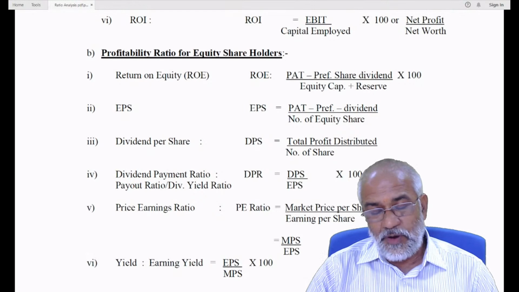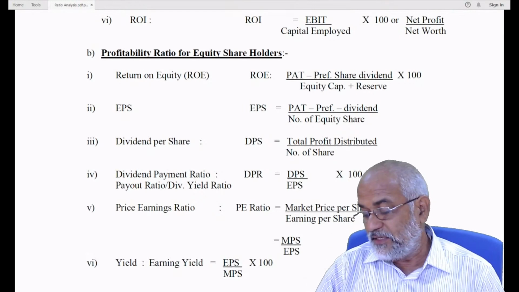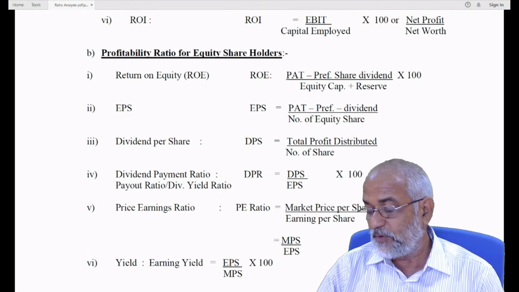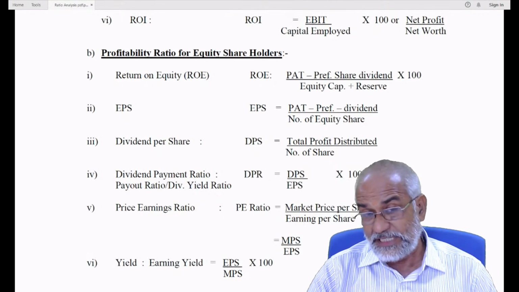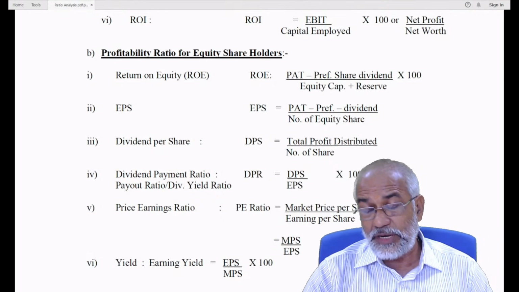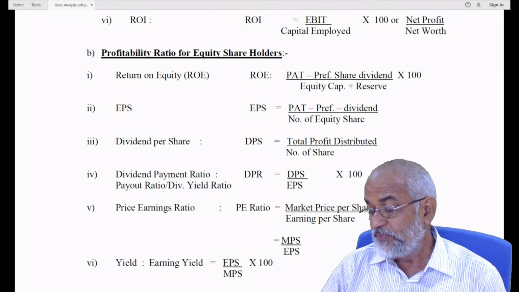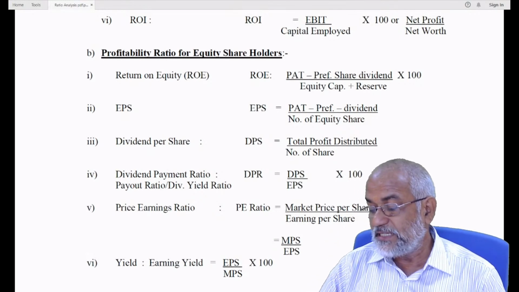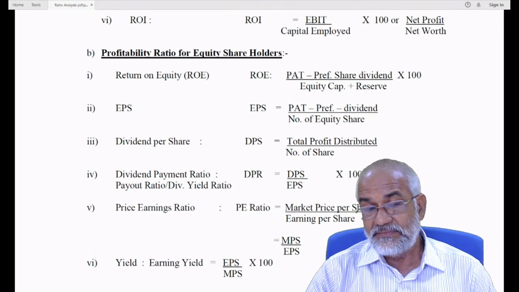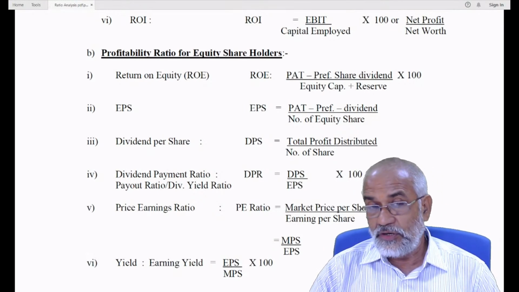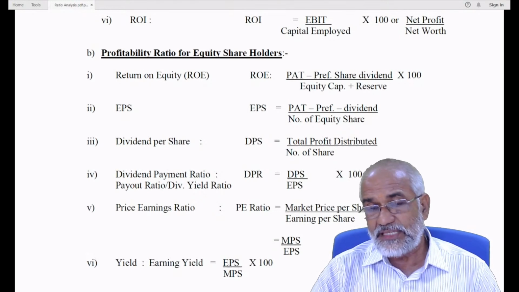The profit margin is computed by dividing the profit after tax by net sales, which speaks about the profitability of the organization. The second component, asset turnover, is computed by net sales divided by the total assets, which speaks about the efficiency of the usage of the assets of the organization.